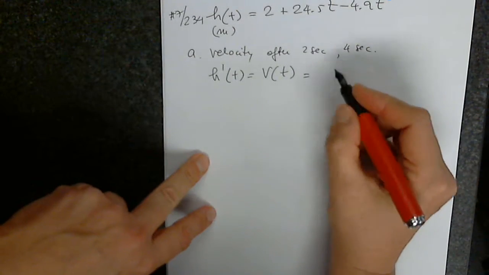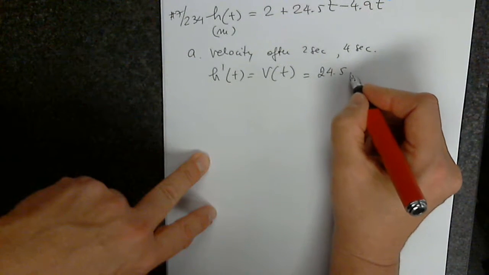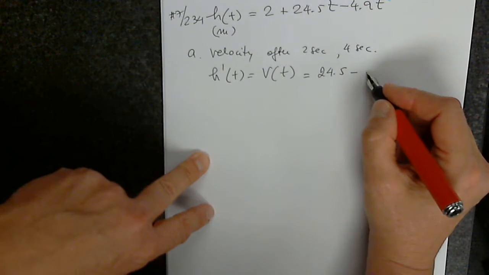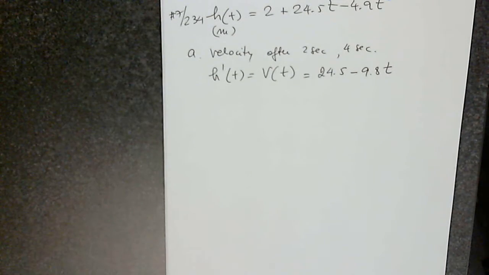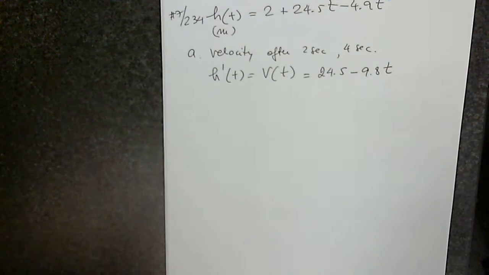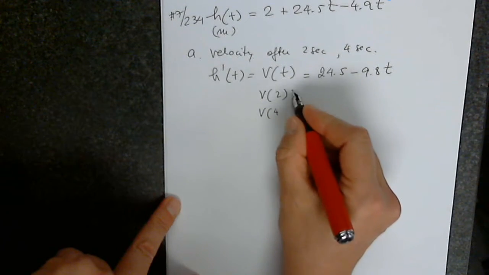So then when I differentiate, I will get 24.5 minus 9.8t. Excellent. We are asked to find the velocity after 2 and 4 seconds respectively, so I have to find v of 2 and v of 4.